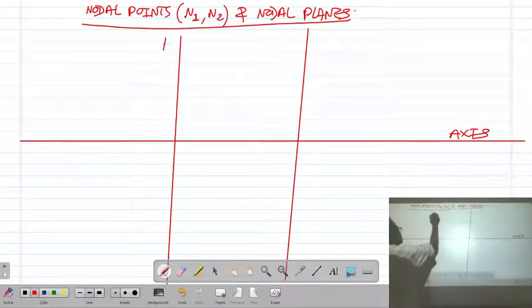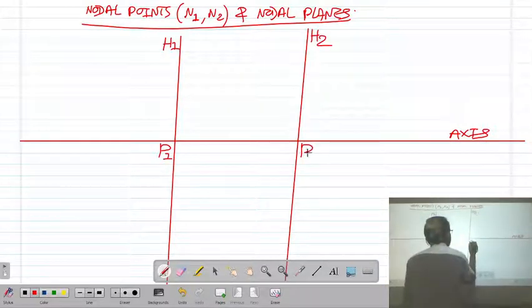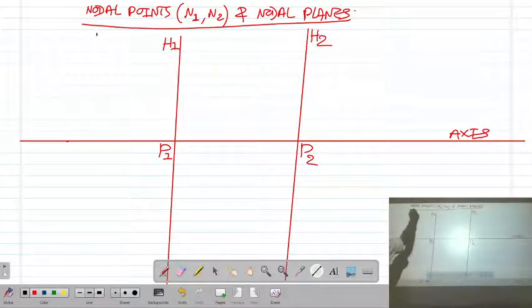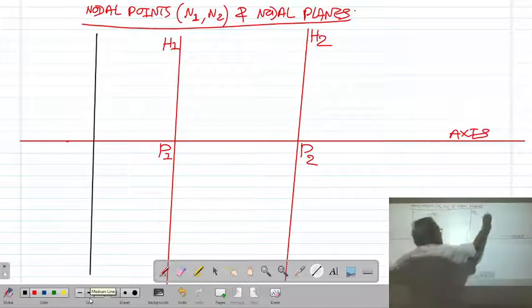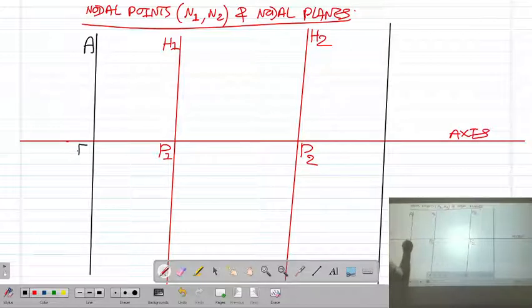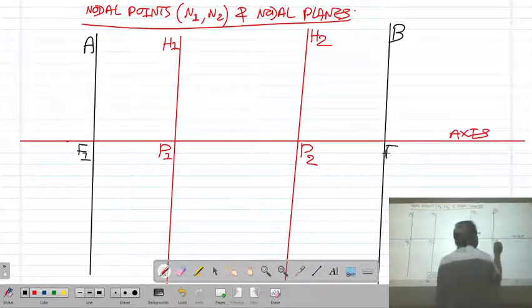So this is H1, P1, H2, P2, A, F1, B, F2.